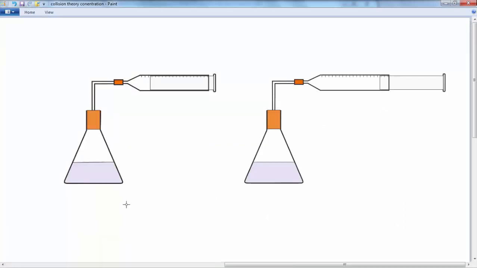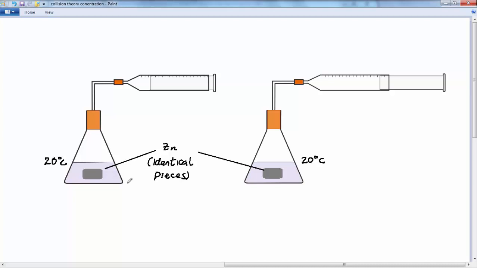As we've been doing with the last three lessons, we're going to keep with the same reactants. We're going to look at the reaction between zinc and dilute hydrochloric acid. Okay, so we've got identical pieces of zinc at the same temperature. Keep the temperature constant, no catalyst is being used, but what we're going to change in this case is the concentration of the two solutions.